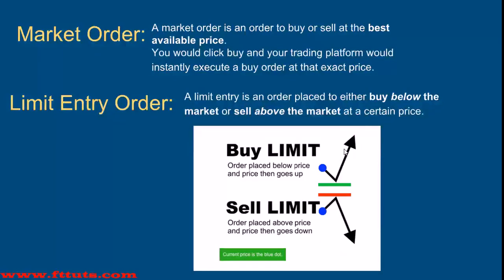So it's very useful if you're projecting the stop hunts low, stop hunt high, and also very useful if you're not going to be in front of your computer and you want to get into the order. Now a sell limit is the exact opposite. With this blue dot, you're currently at this price level and you expect them to stop hunt high and drop.